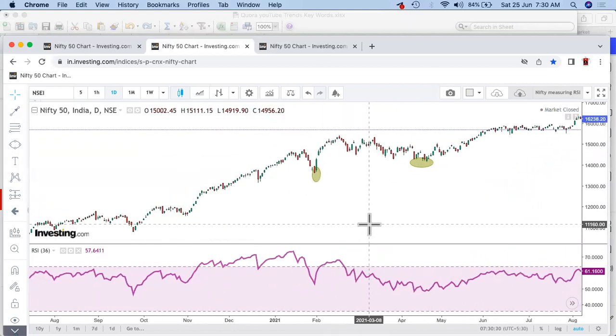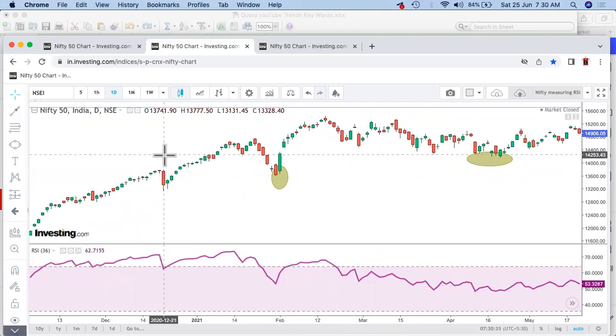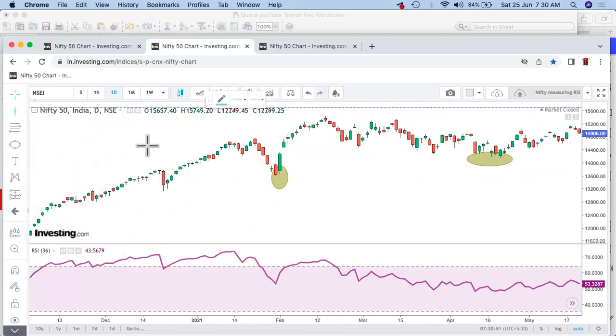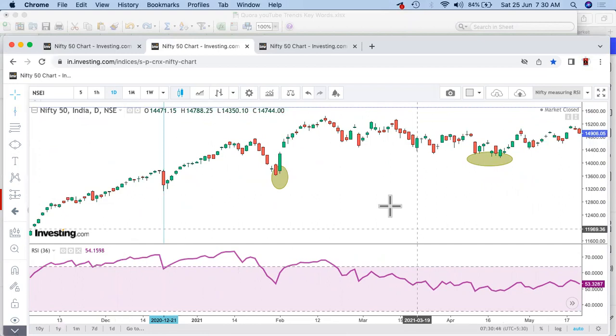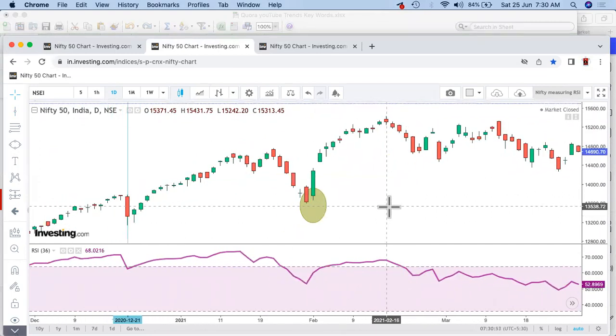So what we saw is probably the price over here had been coming down. Just mark those points so that it becomes easier for us to understand. So let's get into the detail.